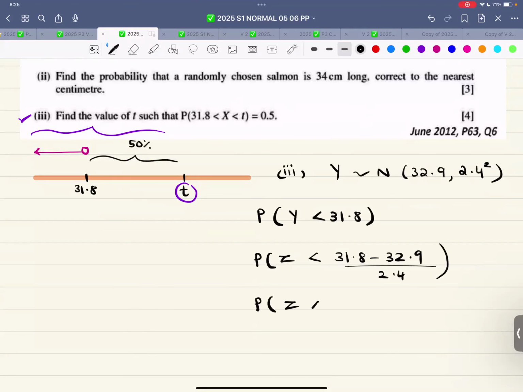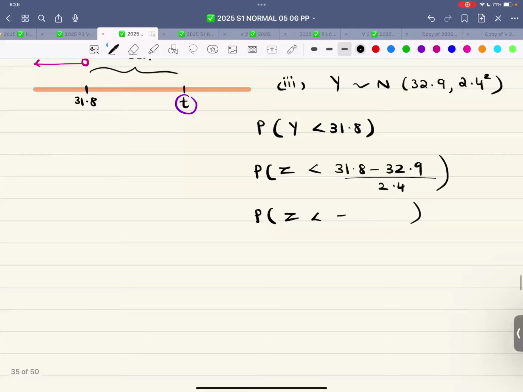Probability Z is lesser than a negative value. So let me first write down this value. How much is this? 31.8 minus 32.9 divided by 2.4. This is coming out to be 0.458, rounded off correct to 3 d.p.